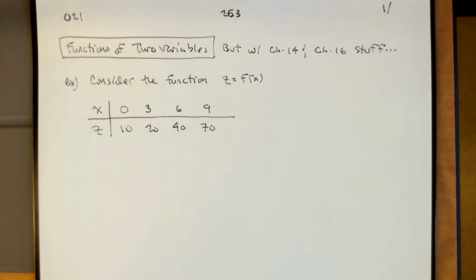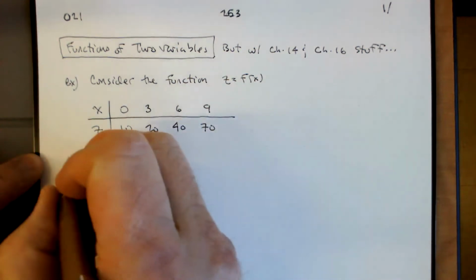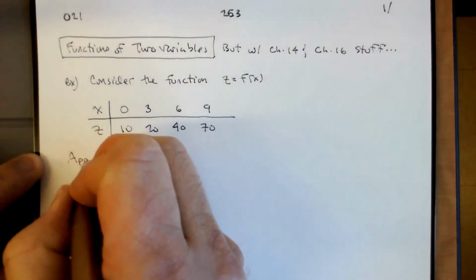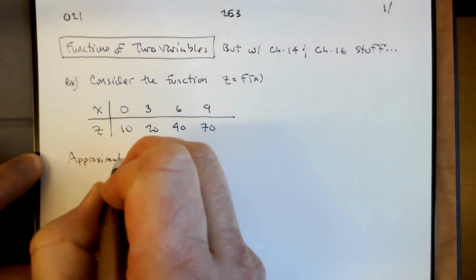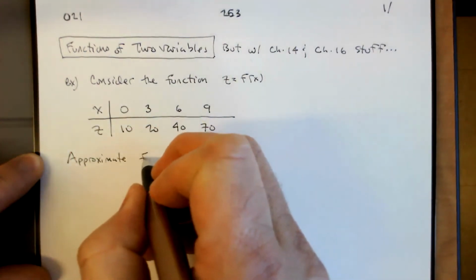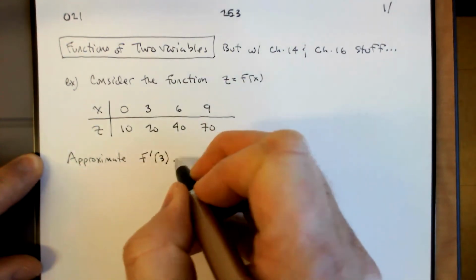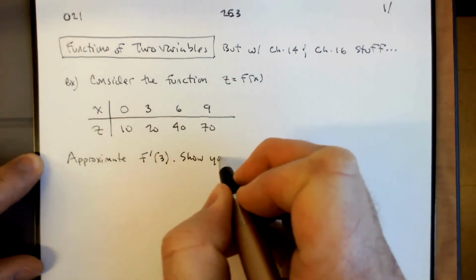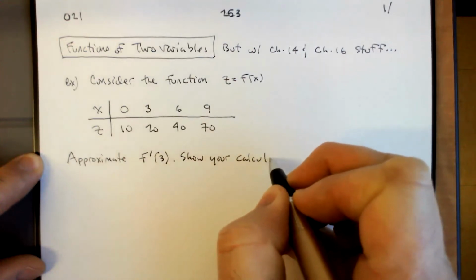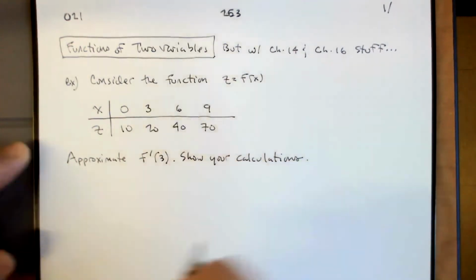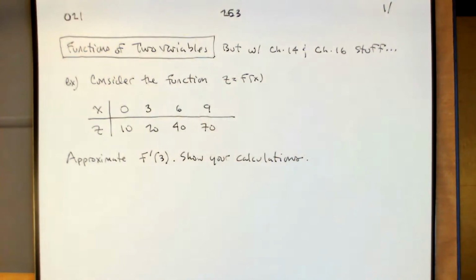So derivative stuff means we could approximate the derivative at any one of these points using the given information. Let's suppose I wanted to approximate f prime of 3, the derivative at 3.